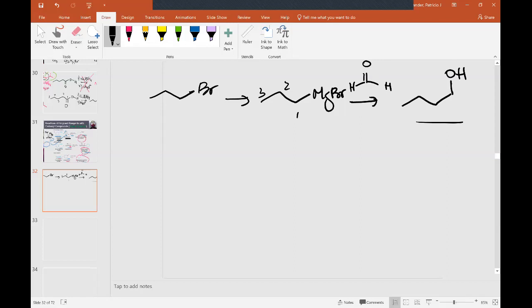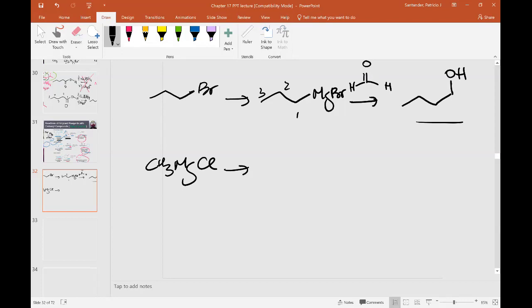Then if I use any other aldehyde, let's say that I start with CH3MgCl, I transform that by reaction with magnesium in ether, right? Magnesium in ether. I will get CH3MgBr.